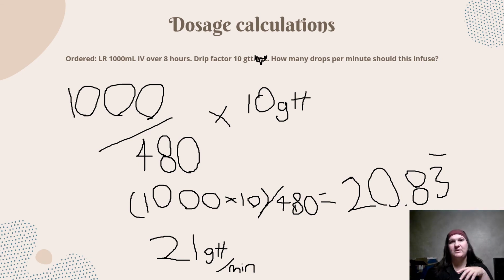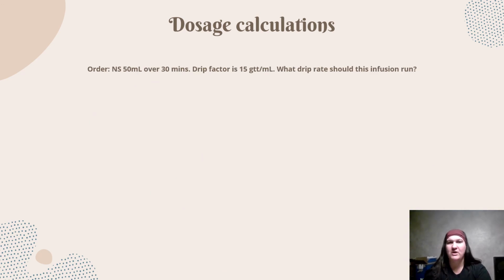That's the important part that I want you to take away with drip factor: it's the dose over the minutes. You'll get a totally wonky answer if you don't convert those hours to minutes, and then times it by your drip rate.